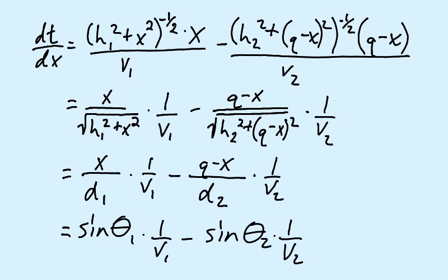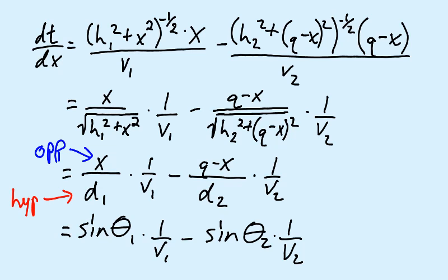So I'm going to pause the writing just for a minute. If you go back to the original diagram, which I hope you either have your copy from class or you copied down the diagram from the beginning of this video, you can go back and look and see that x is your opposite and d1 is your hypotenuse.